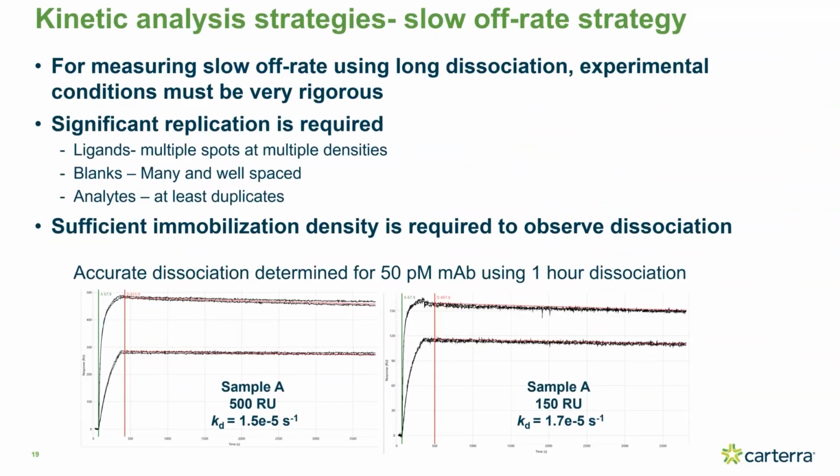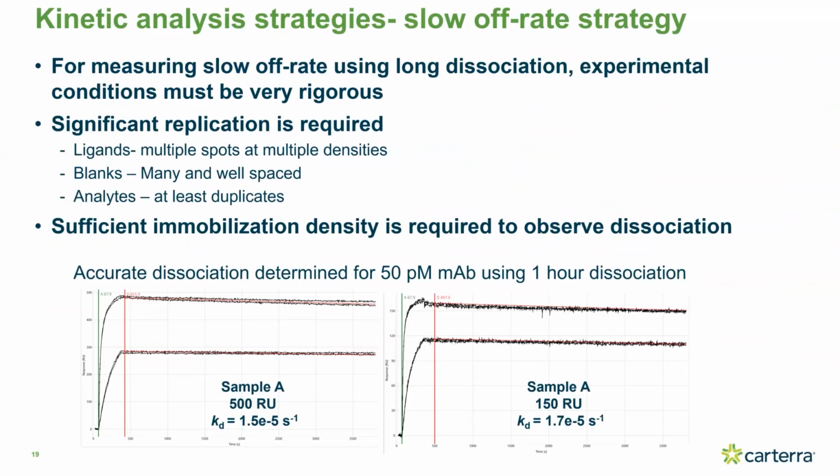Replication is very important. So you want to have multiple blanks and multiple injections of the concentrations you're measuring to make sure that there is no drift or aberrations in the data that are skewing the off rate that's being observed. This is really important for every biosensor, not just the LSA, as even a very small change in the slope of the curve when you're measuring something slow will have a dramatic impact on both the estimated off rate and the overall affinity.